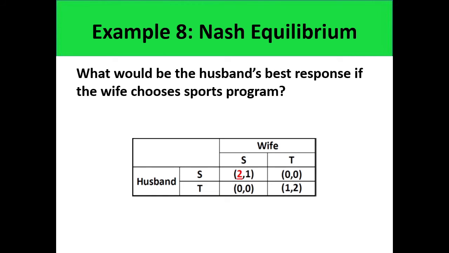Next, suppose that the wife already made the decision of watching TV series. As the row player, we will get either 0 or 1. Now between these two, the better response is 1. So we will underline this number. So now we are done analyzing the responses of the row player.